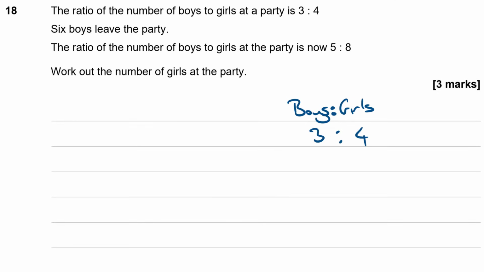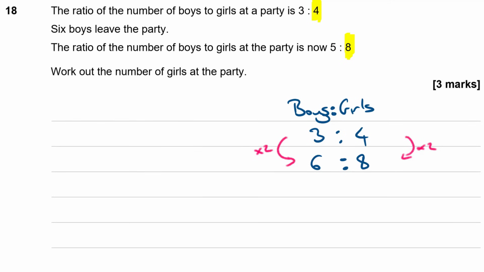But notice in the second part the number of parts of girls is 8, which is twice as much as we've got here. So in order to compare the two more easily, I can scale up this ratio by a factor of 2 and rewrite it as 6 parts to 8 parts.